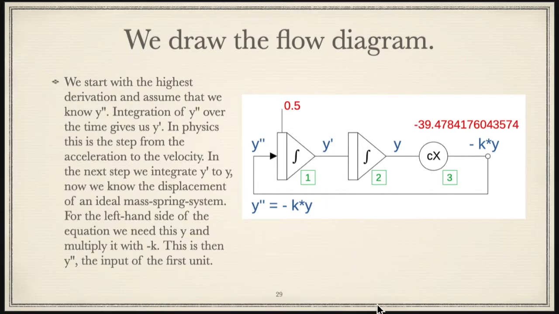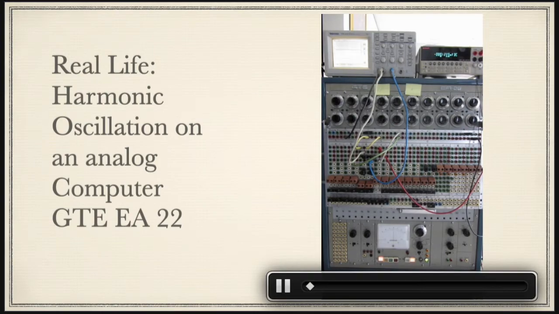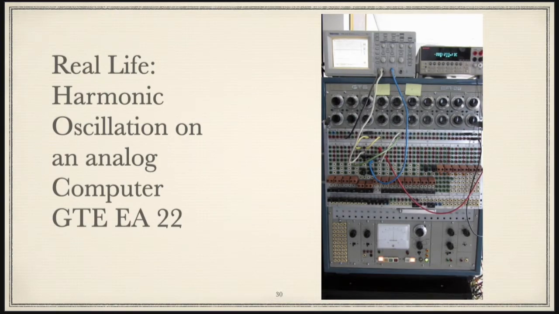Let us go to the demonstration. I show you a simple solution of a special differential equation. We look for a thing which is a little bit swinging, like a mass stretching a spring.